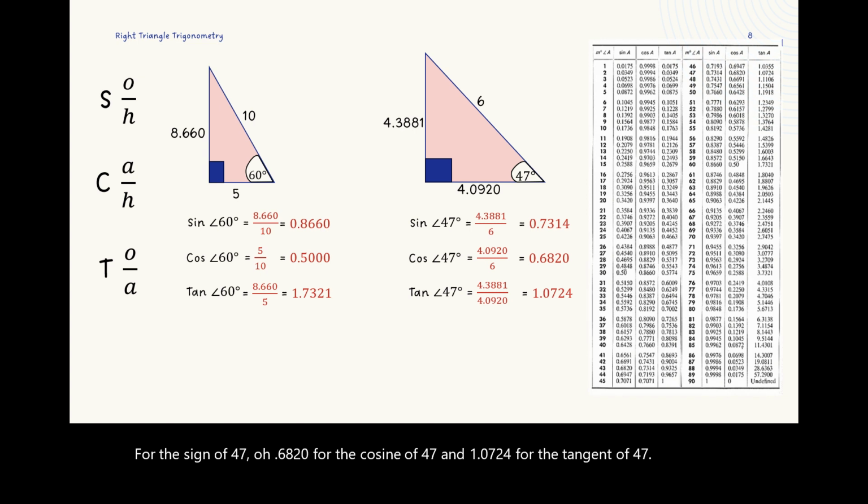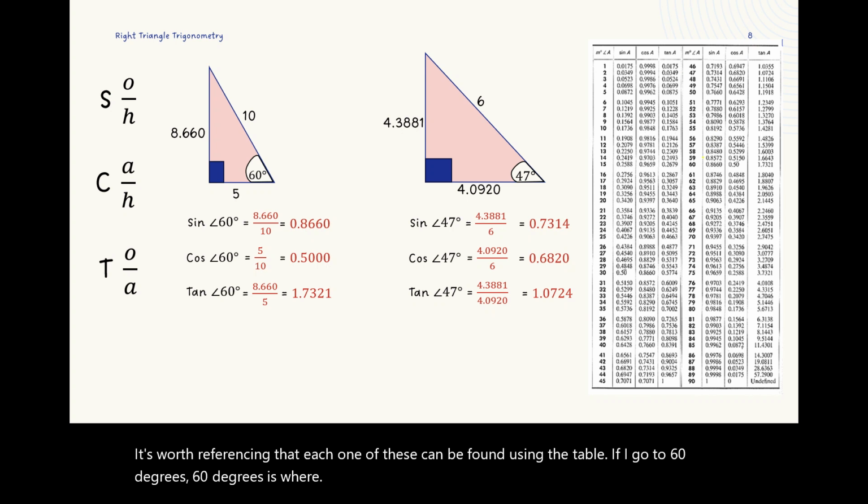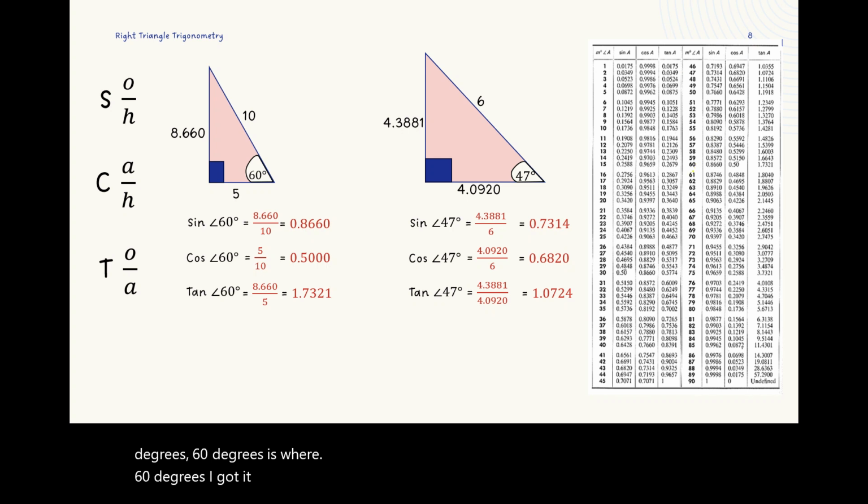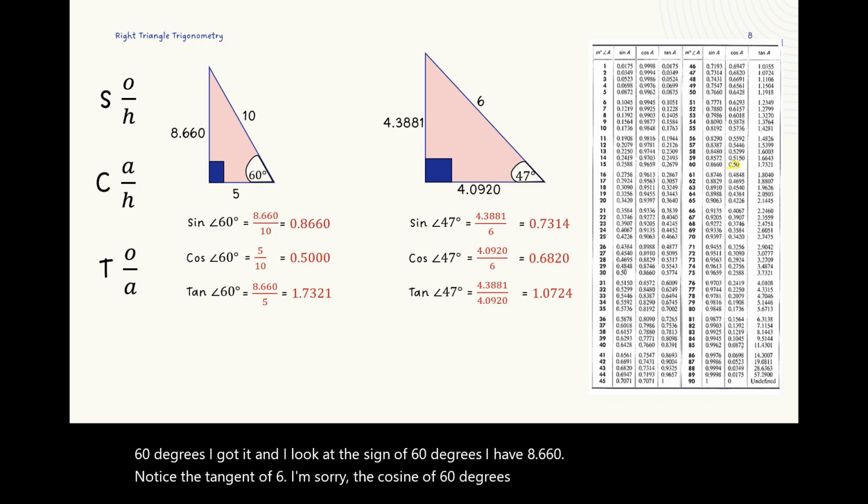It's worth referencing that each one of these can be found using the table. If I go to 60 degrees, and I look at the sine of 60 degrees, I have 8.660. Notice the cosine of 60 degrees is 0.50 and the tangent is 1.7321.